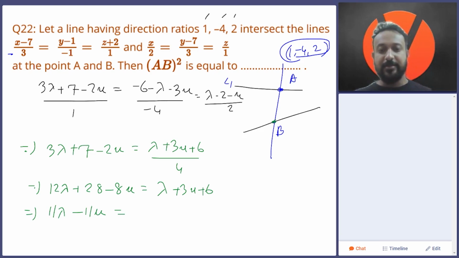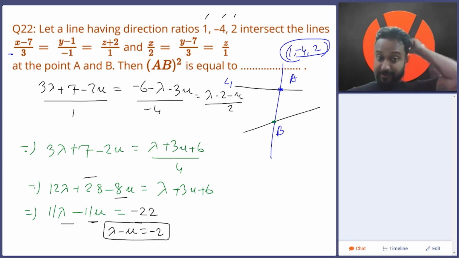I think it is going well. Yes or no? 12 lambda minus lambda is 11 lambda, minus 8 mu minus 3 mu is minus 11 mu. 28 minus 6, if I take it to that side, it will be minus of 22. So lambda minus mu comes out to be minus 2. Very simple. Correct? I think it's fine, right?